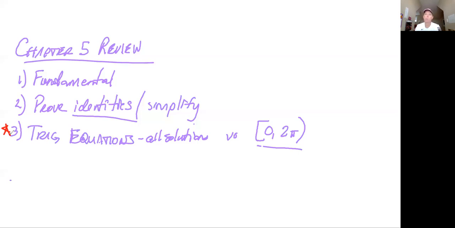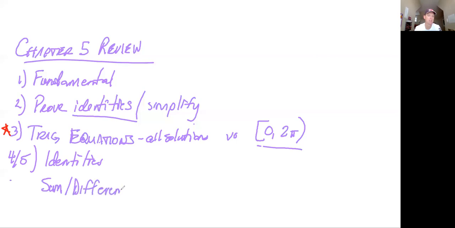Continuing on, we had sections 4 and 5, and this was all identities. So I'm just going to kind of run down my list. I've got sum and difference. I think that was section 4. So that's cosine of a plus b, cosine of a minus b, and so on.